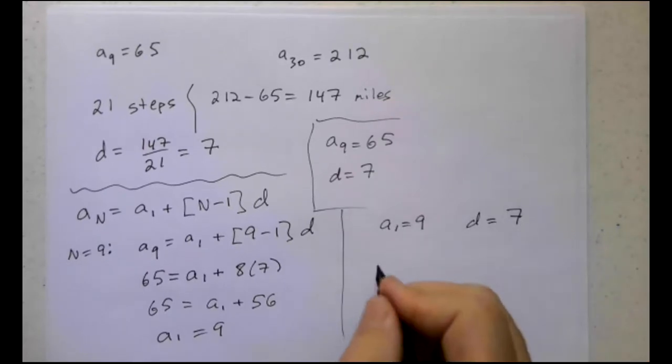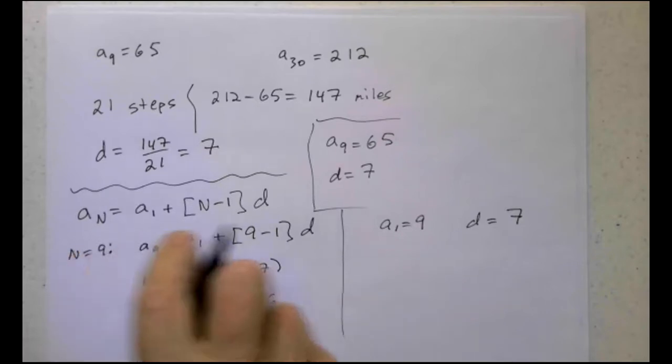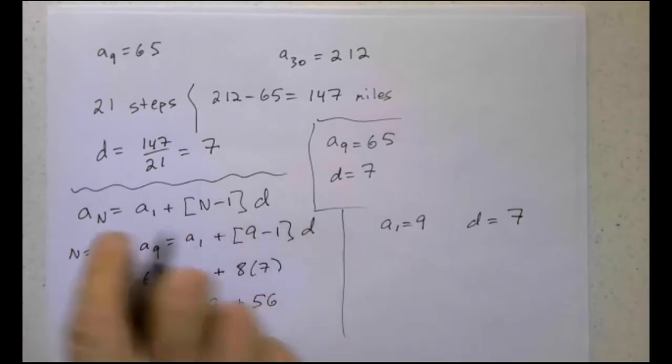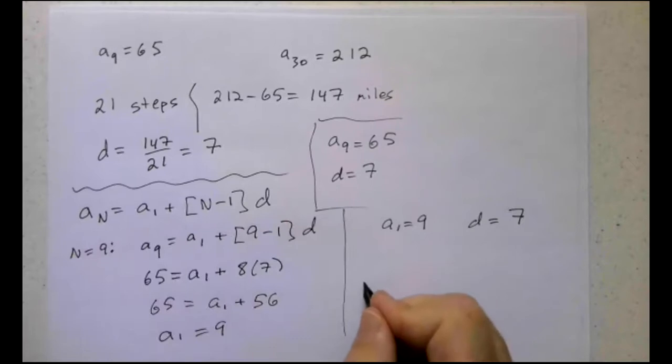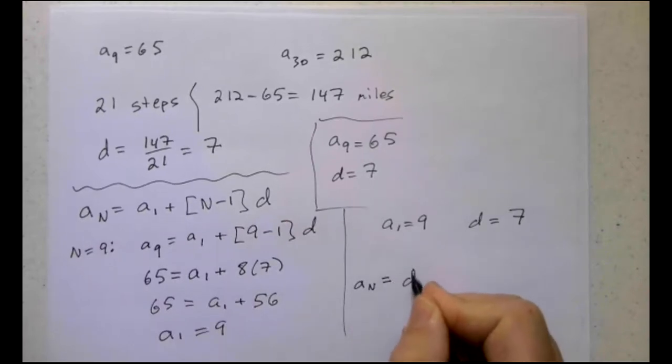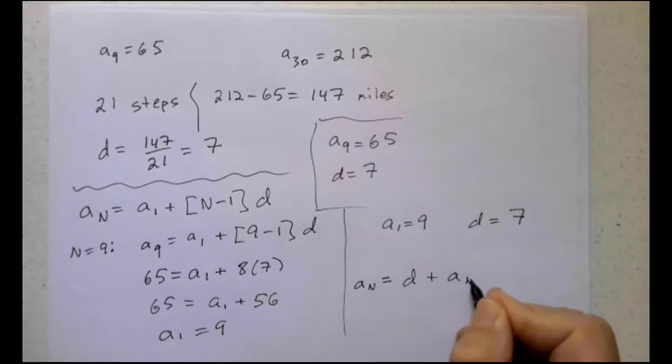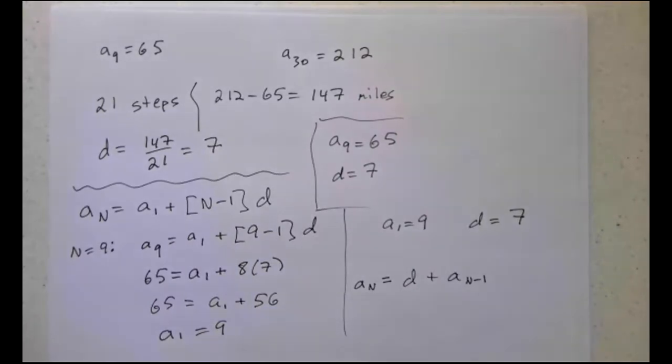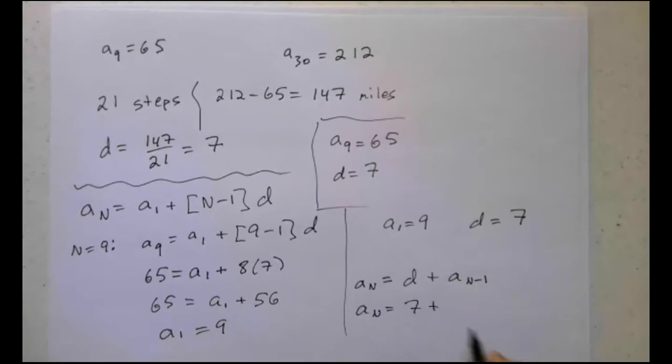So how do we find the next term? What is the next term? We have our idea here for how we get the nth term, but the next term is always just the common difference plus the previous term. Right? So we can think of it that way. We could say a sub n is 7 plus a sub n minus 1.